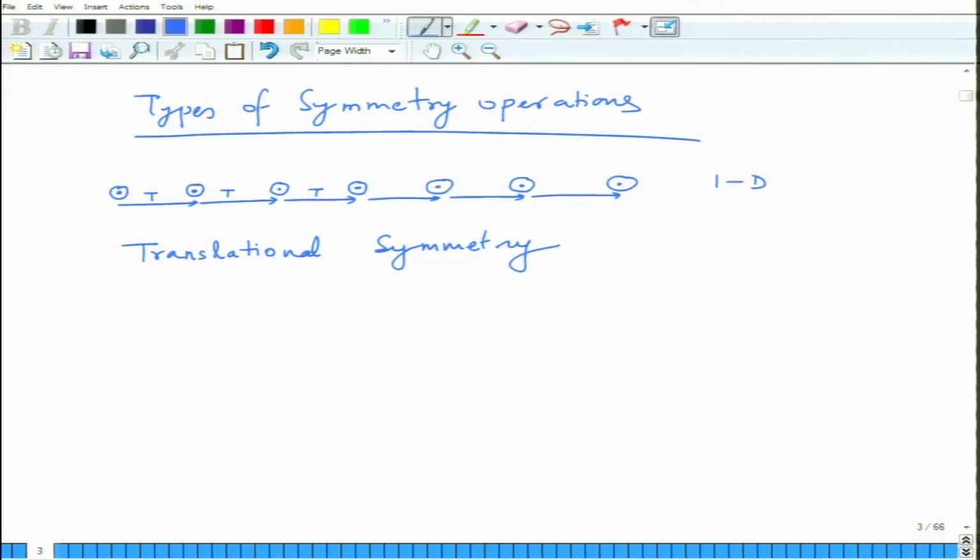Now let me do one more thing. If I change the motif around it, again in 1D, instead of keeping the motif as one atom there, I keep a motif like this.